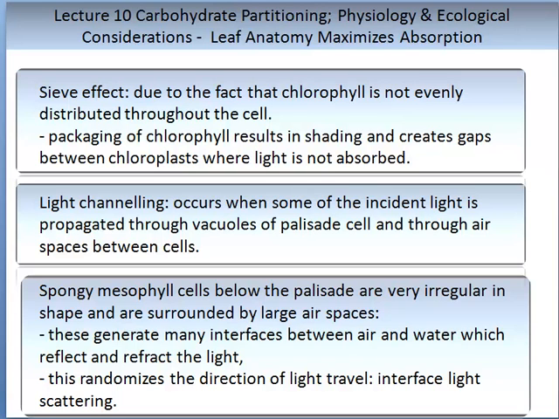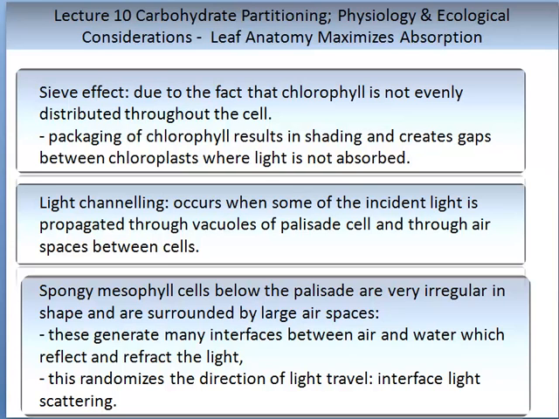The packaging of chlorophyll results in shading and creates gaps between chlorophylls where light is not absorbed. Light channeling occurs when some of the incident light is propagated through the vacuoles of palisade cells and through the air between the cells.